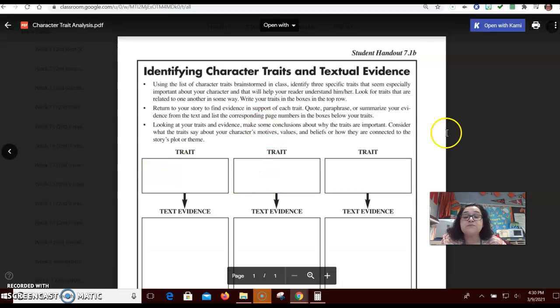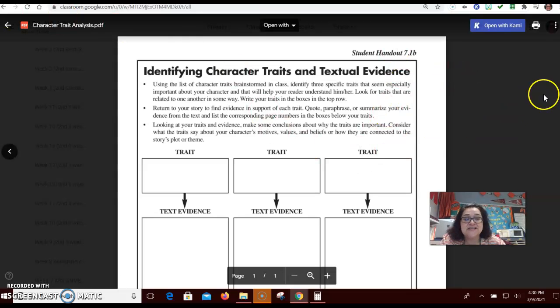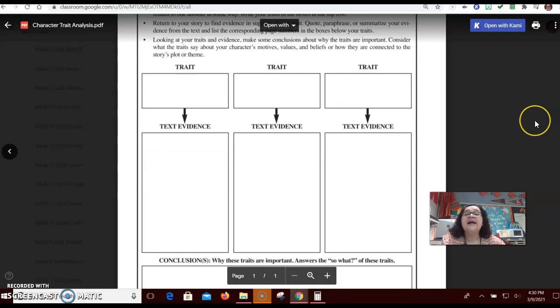If you would like to just put this, say, in a Google Doc, and then just say, have my traits listed, and then bullet point evidence. But again, guys, I know one of the questions that you're going to have is, well, how many pieces of evidence? Guys, you have to have enough evidence to prove your point.